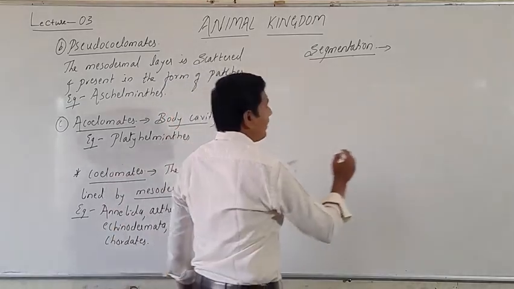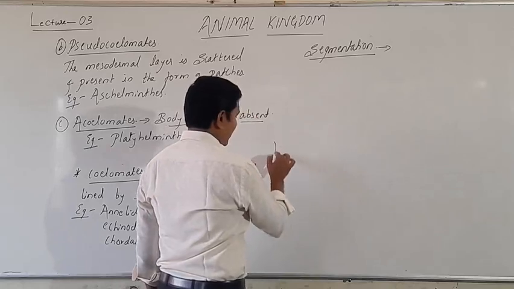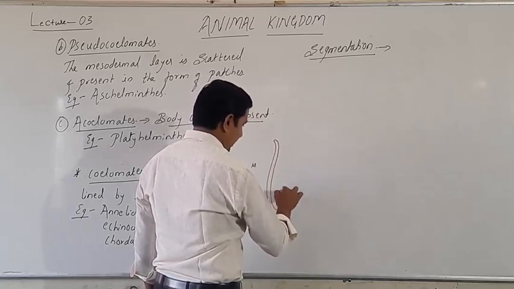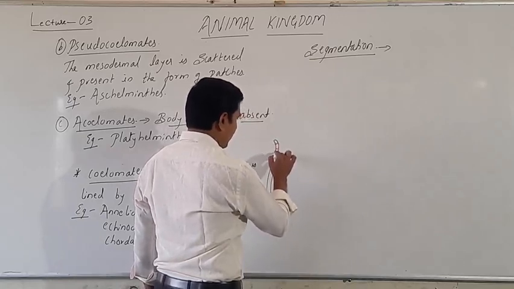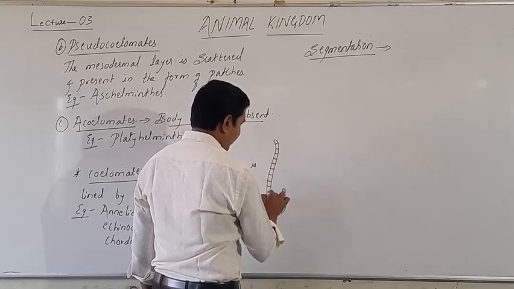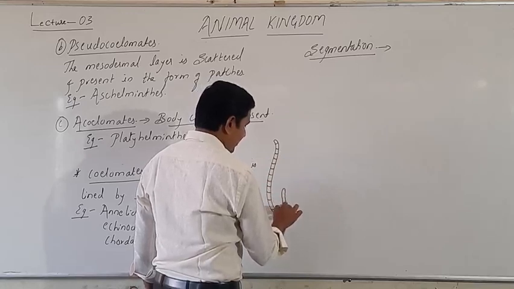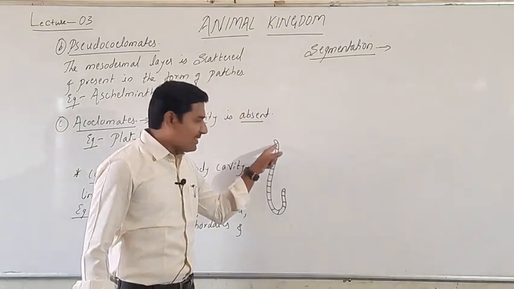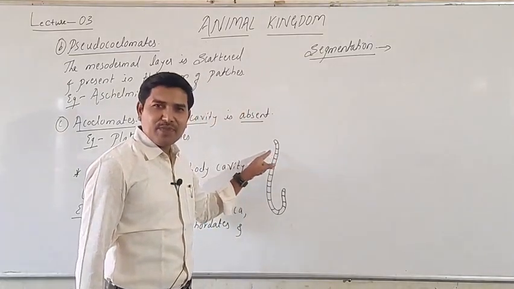For example, if we take an earthworm, it has ring-like segments on its body.